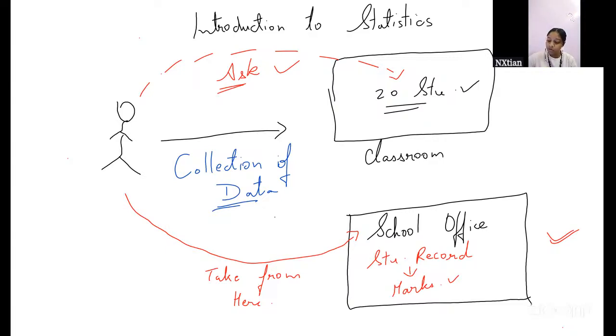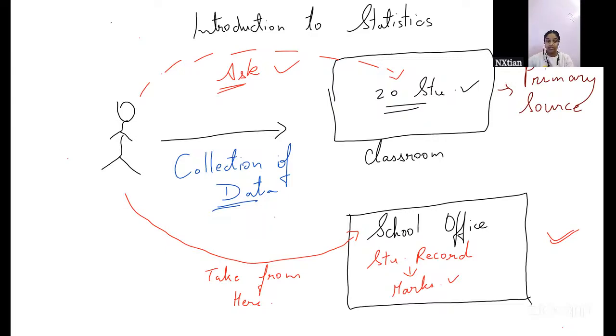So if you go to the classroom, this is known as primary source. I told you to get the marks of the students, so you are directly going to the student and asking them their marks.